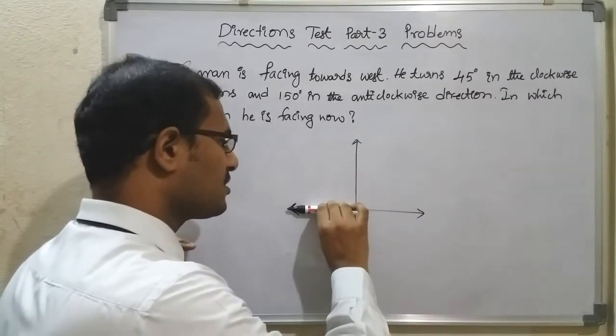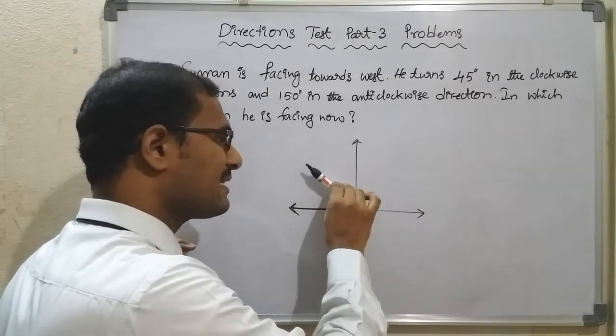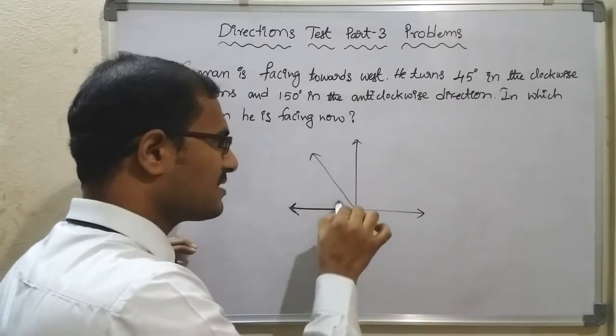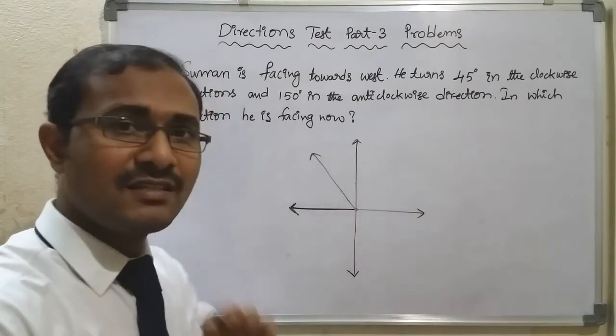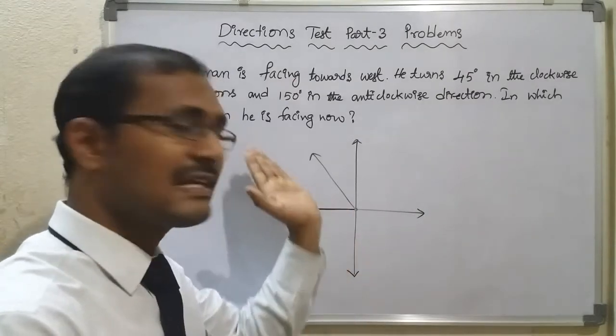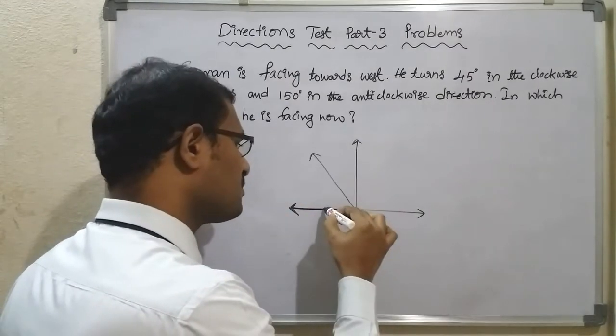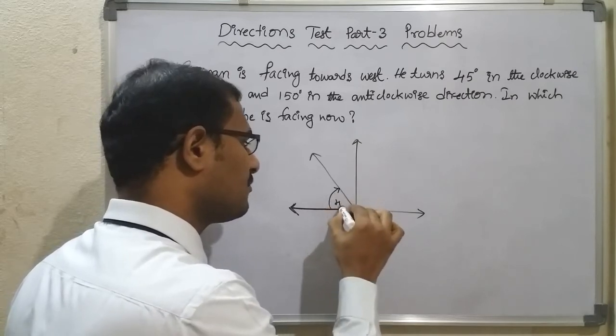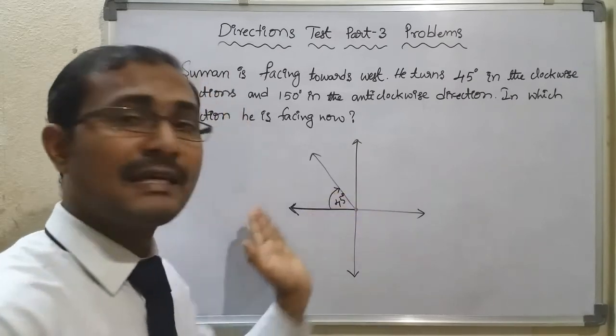From this point in the clockwise direction, 45 degrees means exactly in the middle, because this complete quadrant covers 90 degrees. 45 degrees means exactly half. From this point to this point he covered 45 degrees in the clockwise direction.